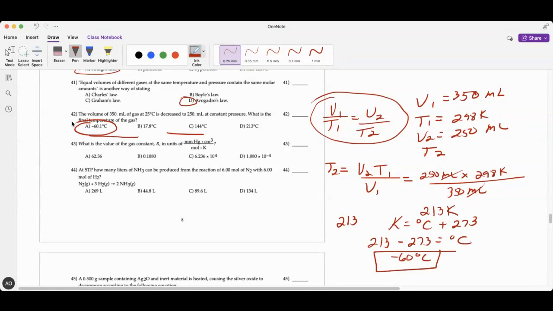What is the value of the gas constant in units of millimeters of mercury, cubic centimeters per mole Kelvin?